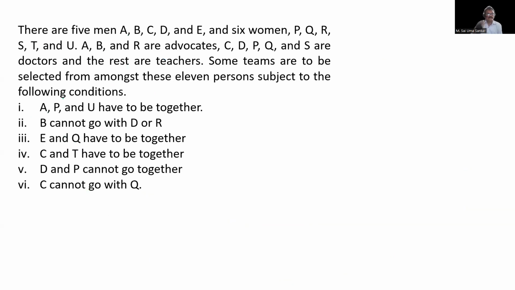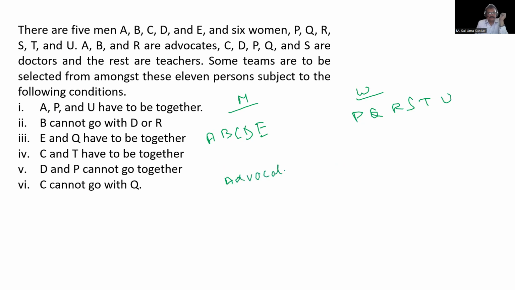Next one. There are 5 men, A, B, C, D, E, and 6 women, P, Q, R, S, T, U. Okay, I'm going to write this down in another color.